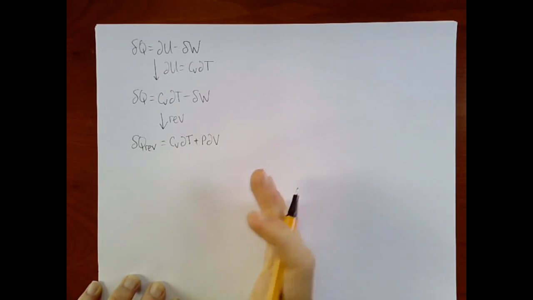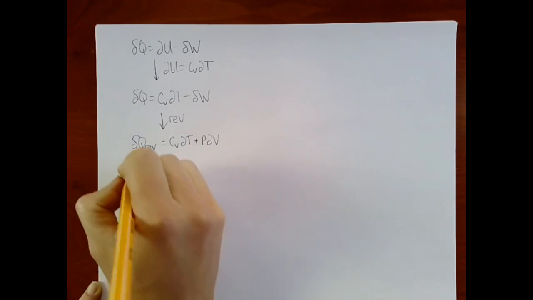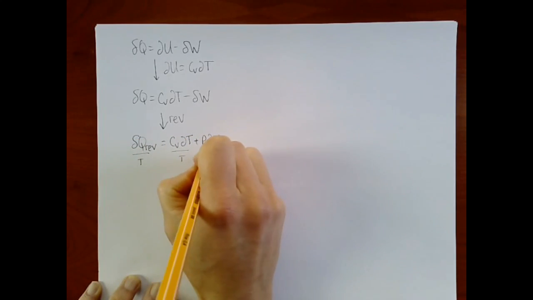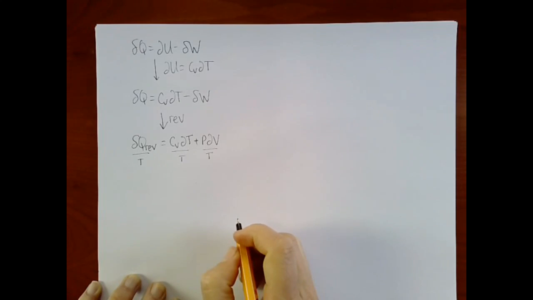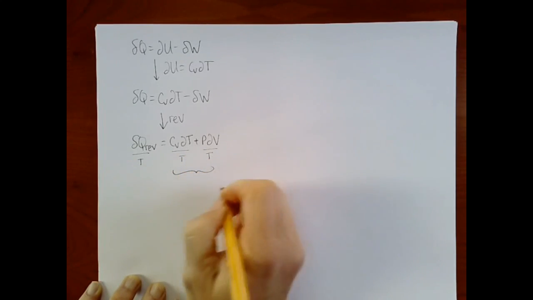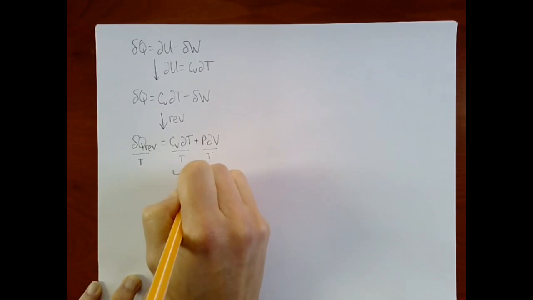Now, I'm going to make the arbitrary decision to divide both sides by T. And just like the first time we defined entropy, what you can notice is that the right side of this equation is composed entirely of state functions.